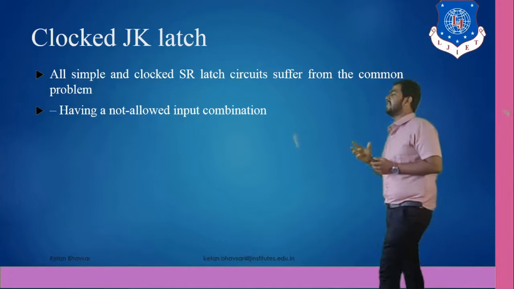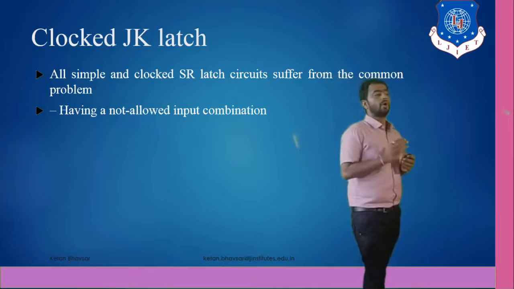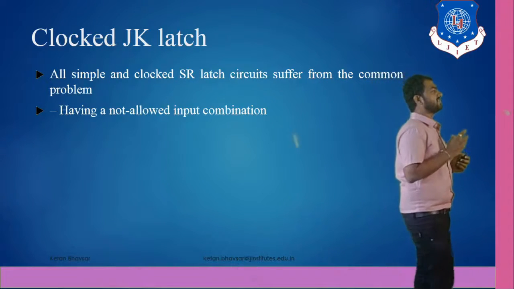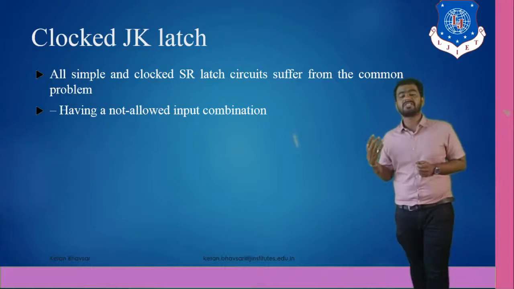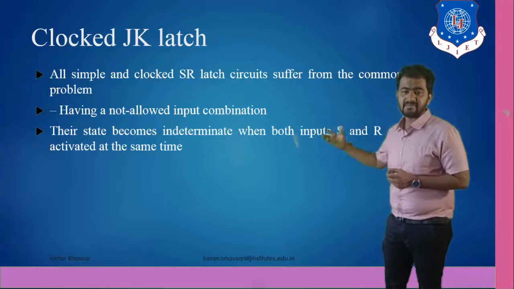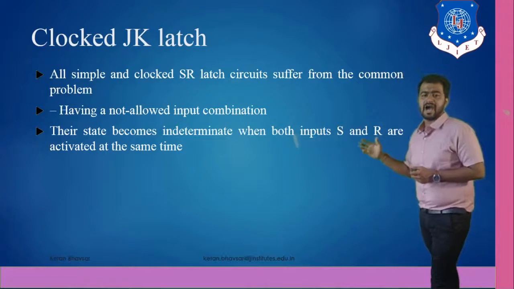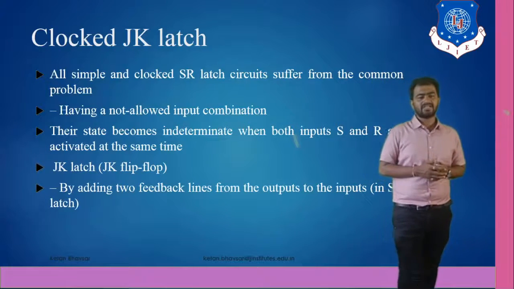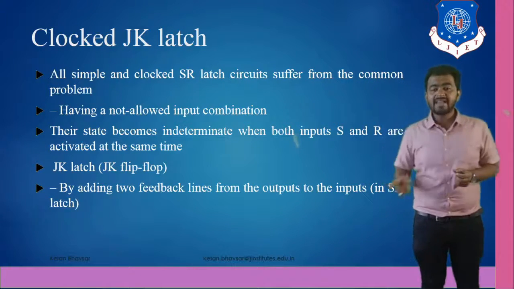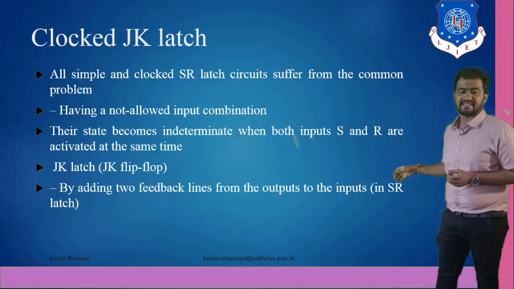Means if you see the SR latch, then the SR latch has certain limitations, that when both the inputs are 1, it is in a not allowed state. So for solving this issue, we work on the JK latch based concept. That state becomes intermediate when both the inputs S and R are active at the same time. So we move to a JK latch or JK flip-flop by adding two feedback lines from the output to the input in the SR latch.